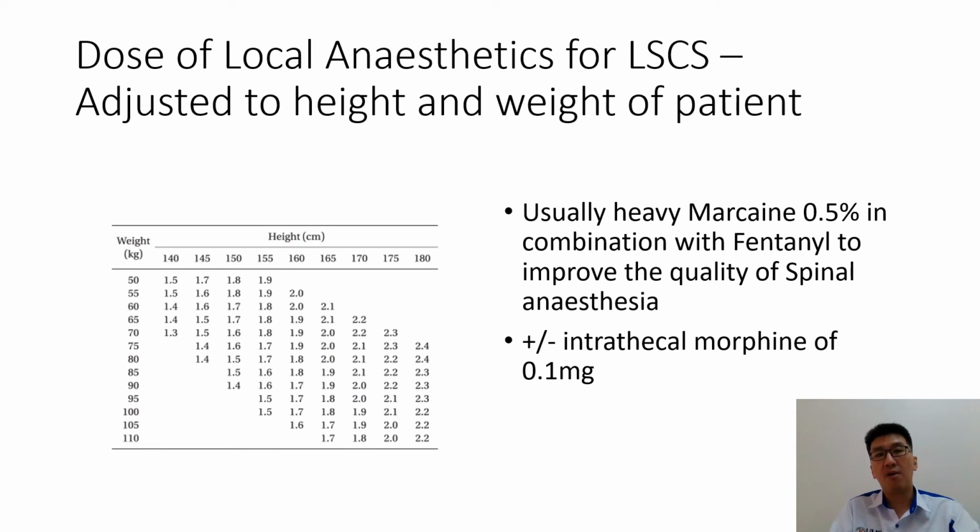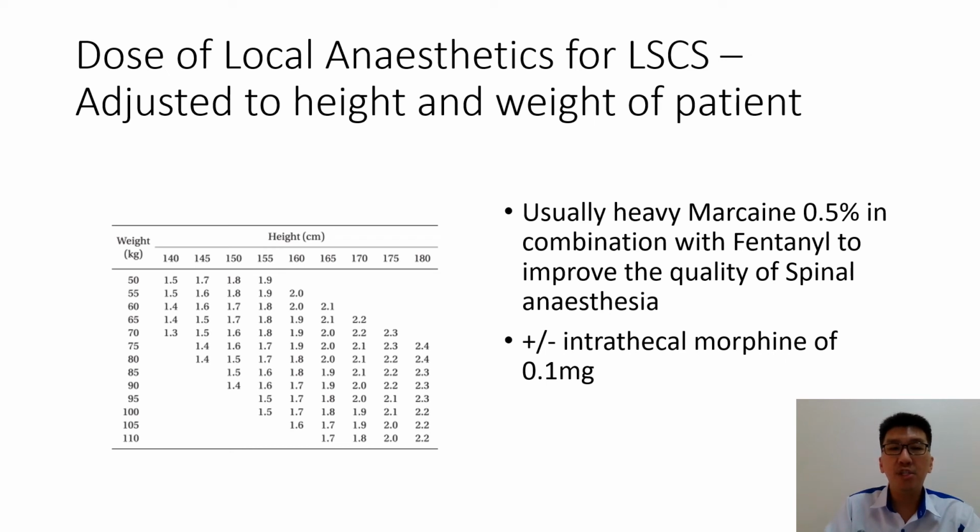The dose of local anesthetic for LSCS usually depends on the height and weight of the patient, to prevent a high or total spinal anesthesia. These doses are totally lesser than for the normal conventional non-pregnant ladies who undergo regional or spinal anesthesia.